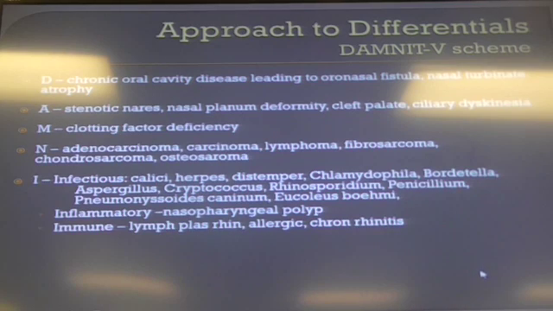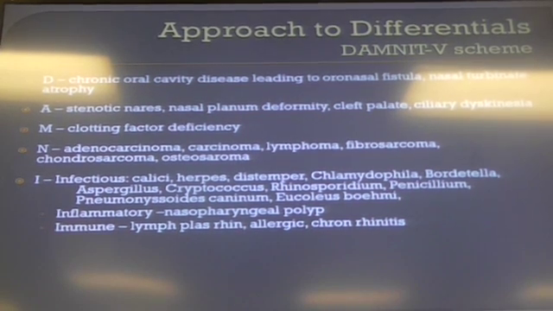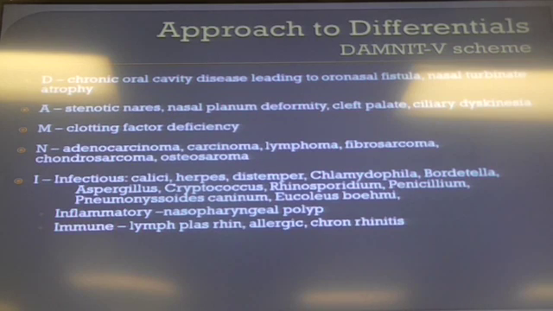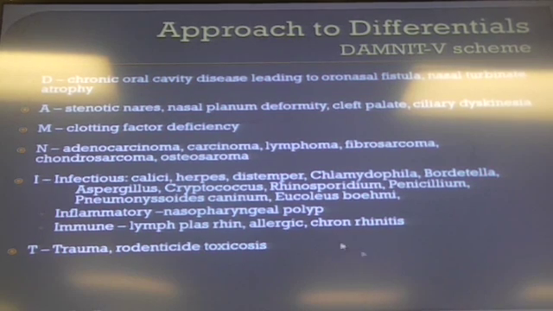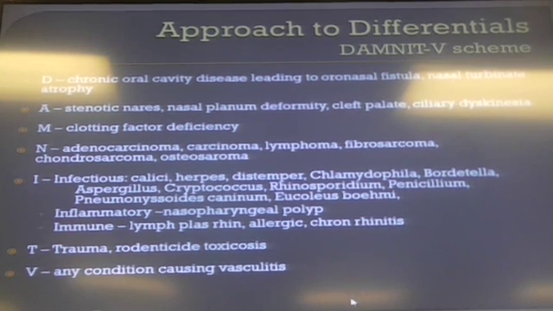Inflammatory polyps. Did you guys watch the link on the inflammatory polyp? Trauma could include toxicosis. And then any vascular condition.